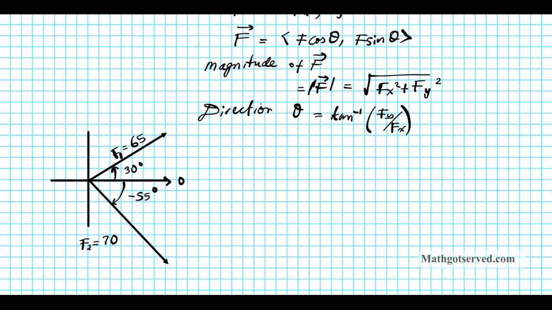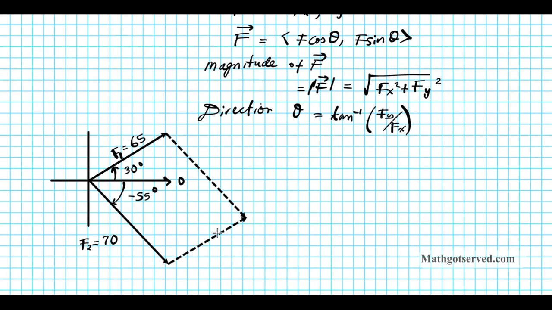Let's call it vector R, our resultant vector, and it is basically F1 plus F2. That is what we are supposed to find.